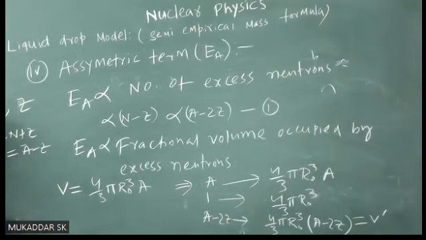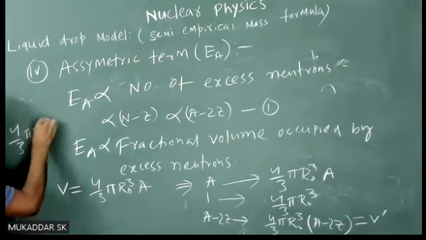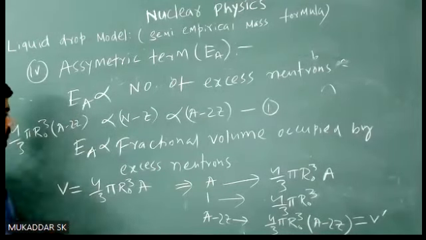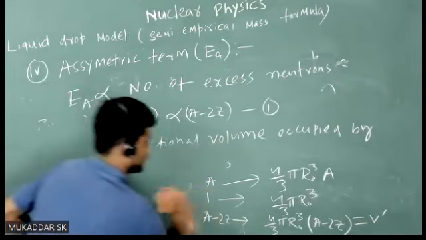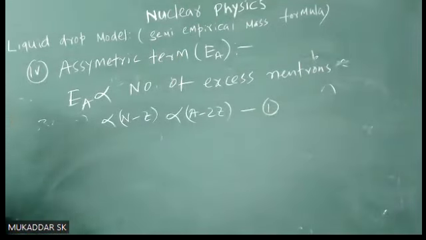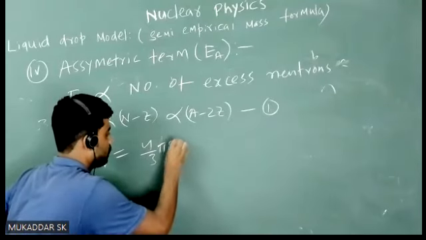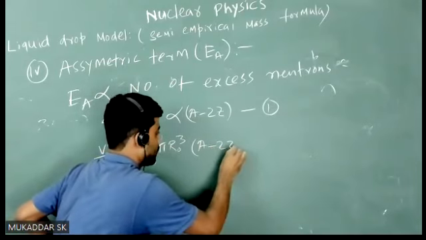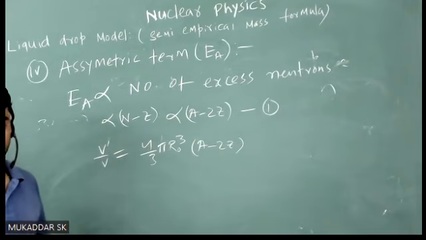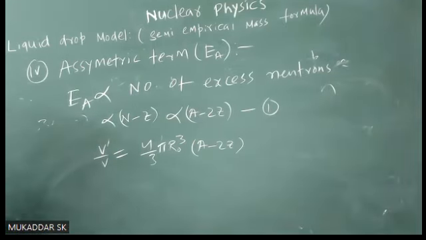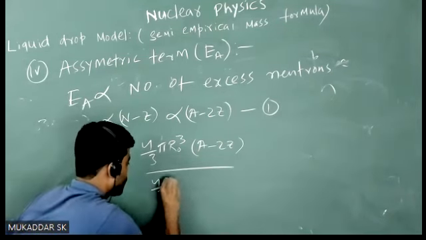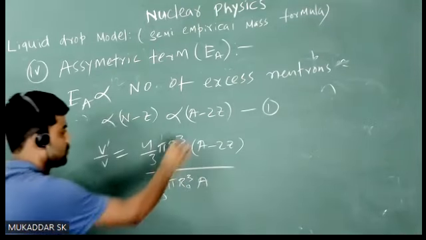So the fractional volume will be how much? Fractional volume means V prime by V. V prime is 4/3 pi r naught cube into A minus 2Z, divided by V, which is 4/3 pi r naught cube A. So the common factor will cancel.